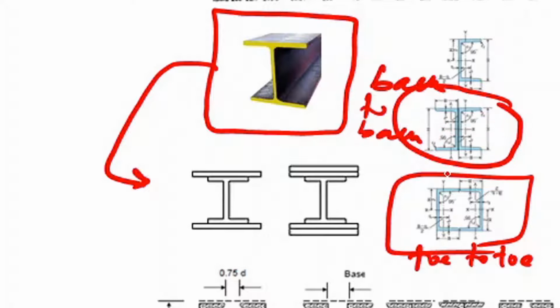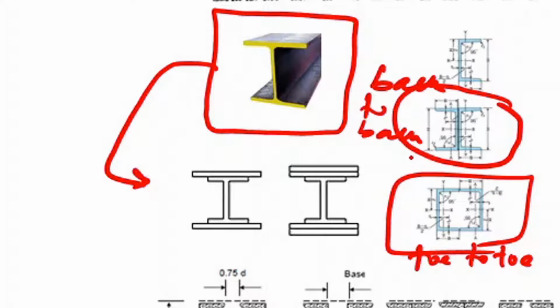As a whole, it behaves as a single compression member. The problem with the toe-to-toe arrangement is maintenance. If you want to paint inside, it is very difficult to paint. So for maintenance purposes, we always go for back-to-back connection.